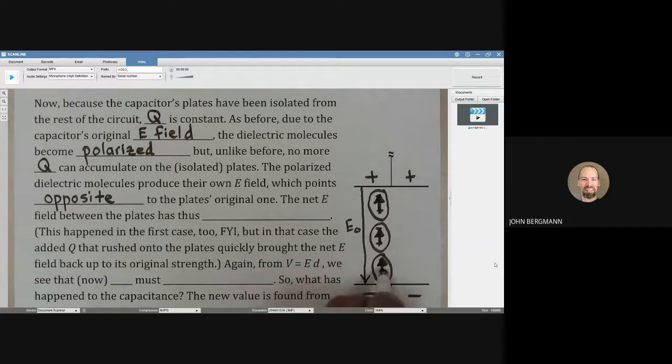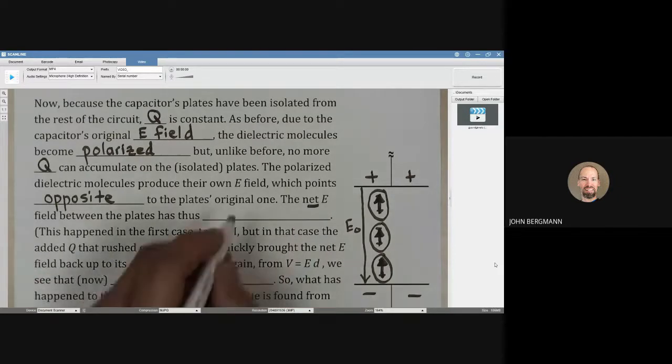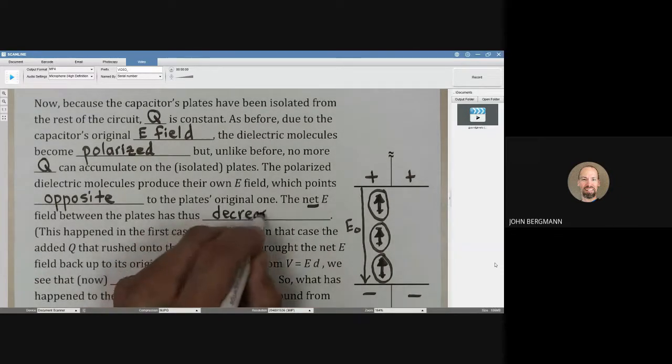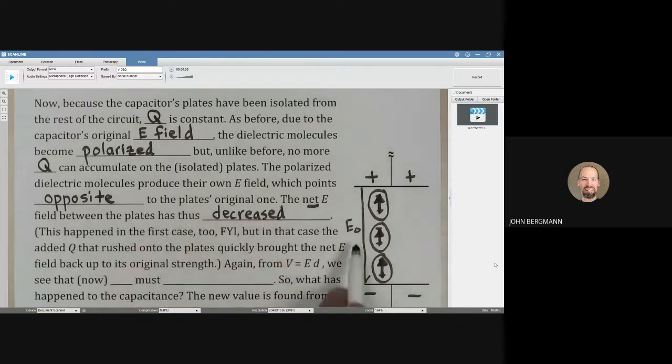These little dielectric electric fields are pointing opposite this one. The net electric field between the plates has thus decreased. The net electric field is the original one plus the electric field that's within the dielectric here.